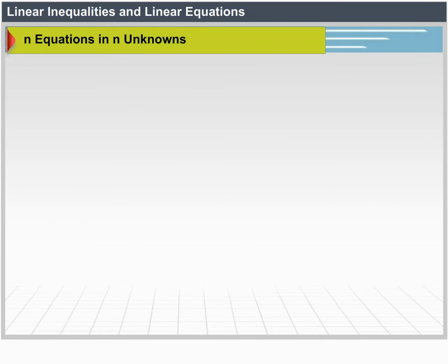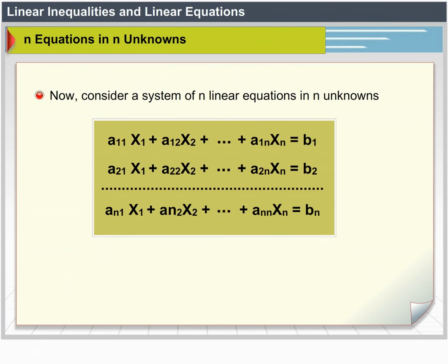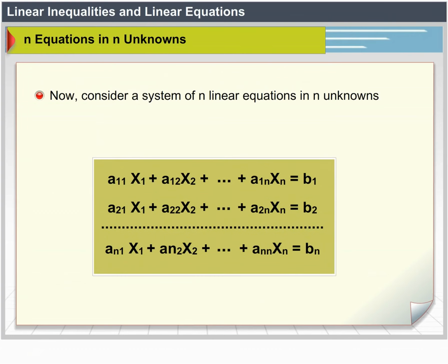N equations in n unknowns. Now consider a system of n linear equations in n unknowns. a11x1 plus a12x2, up to a1nxn is equal to b1. a21x1 plus a22x2, up to a2nxn is equal to b2.